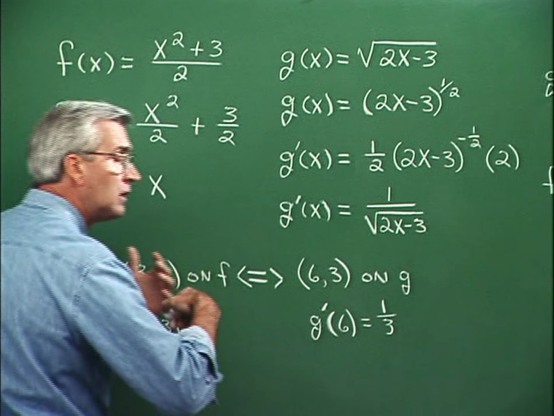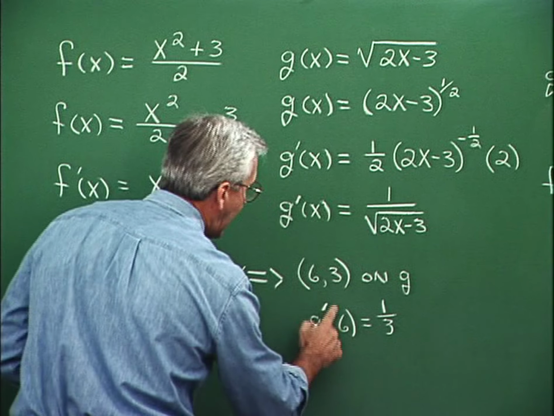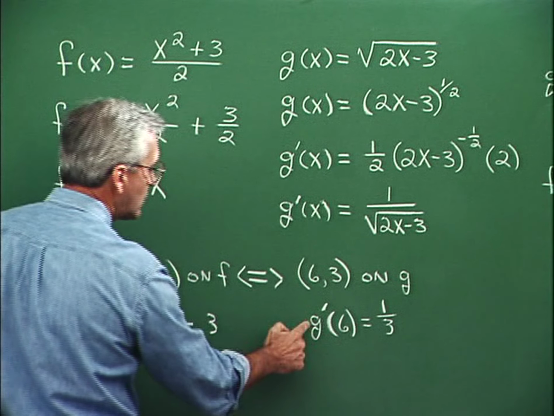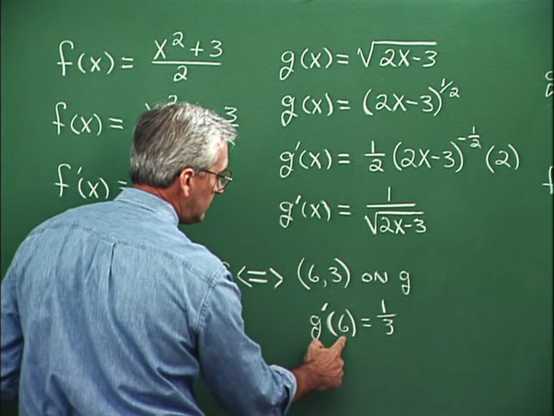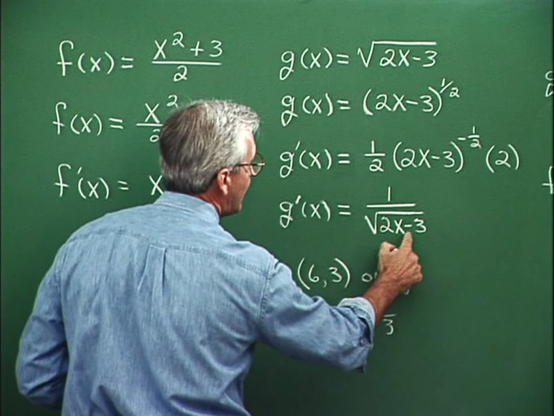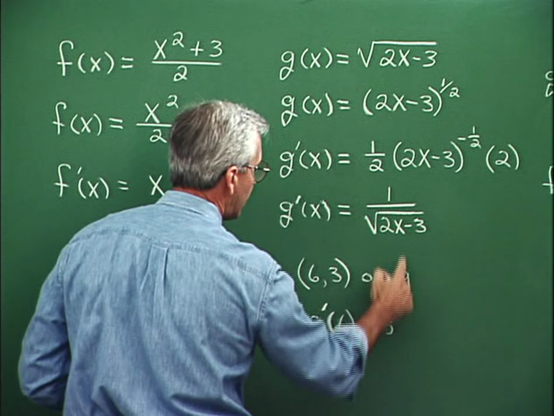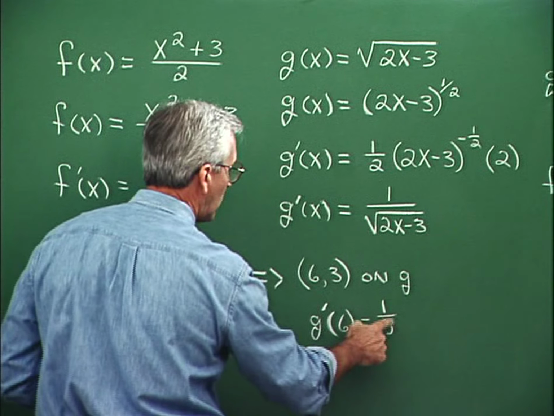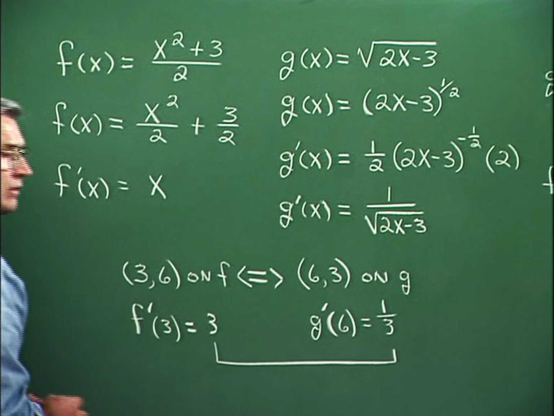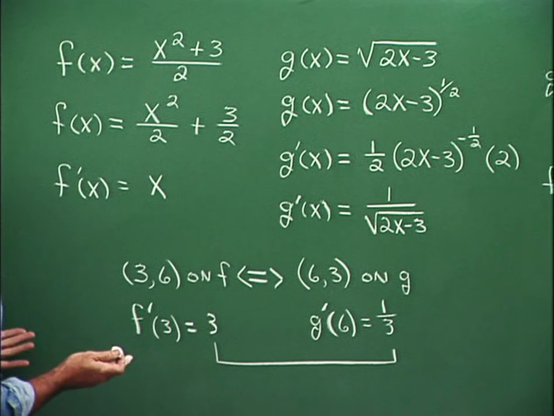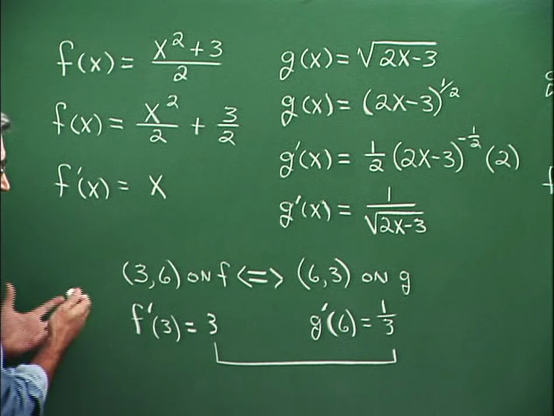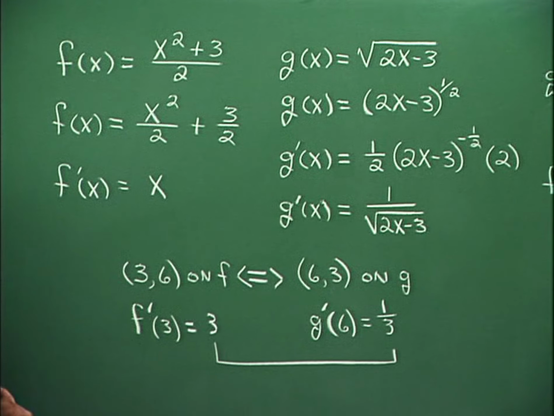Now, what about the derivative at this point, the counterpart of the one on the f function? That is, what is g prime of 6? Well, g prime of 6, put a 6 in here, and we have 2 times 6, 12. 12 minus 3, 9. The square root of 9 is 3. This is 1/3. So g prime of 6 is 1/3. Notice the reciprocal relationship between these two. It turns out that inverse functions have slopes that are reciprocals. They have reciprocal slopes. Rather interesting characteristic.